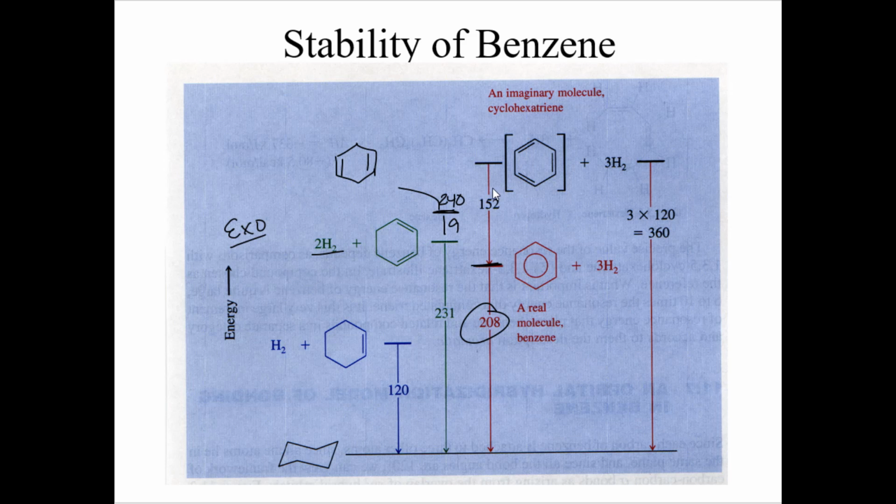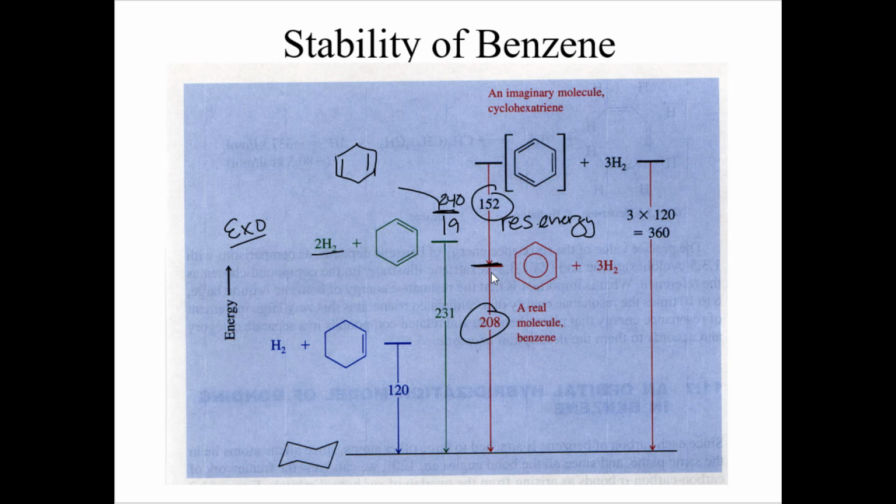And this 152 here is sometimes called the resonance energy. It's the stabilization of being aromatic. And so benzene is a very stable molecule. It has a lower exothermic heat of hydrogenation.